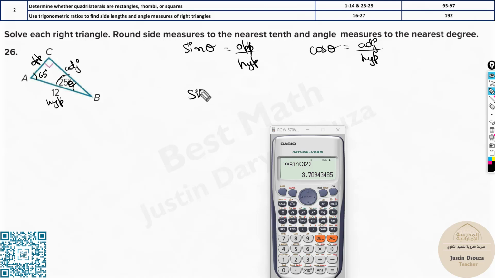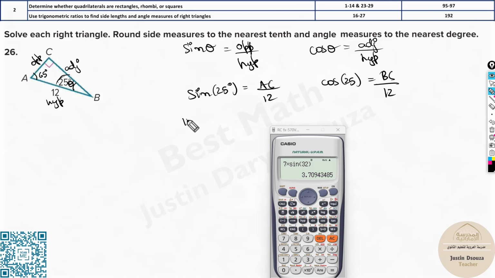Now here sine theta is 25 degrees and opposite is unknown. I'll write it as AC divided by hypotenuse, which is 12. Cosine 25 degrees is equal to adjacent, which is unknown, BC divided by 12.